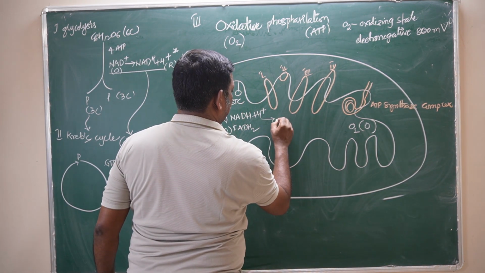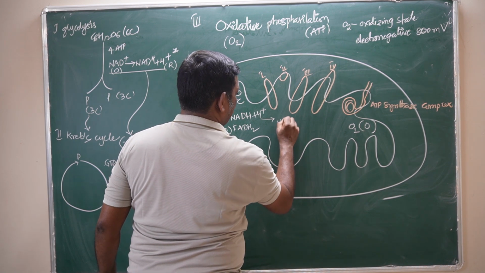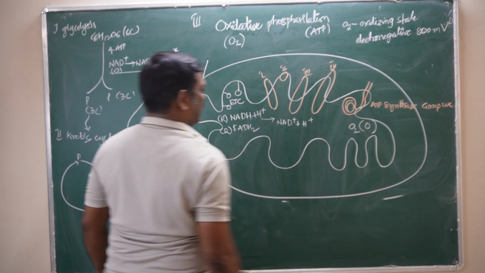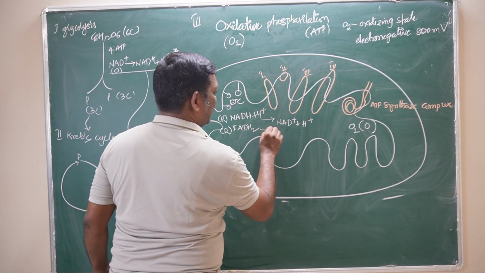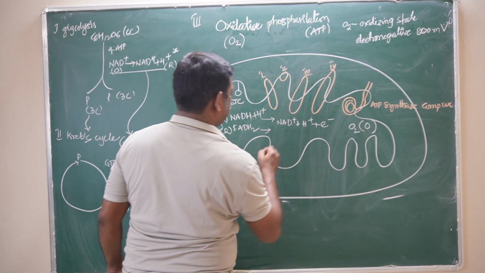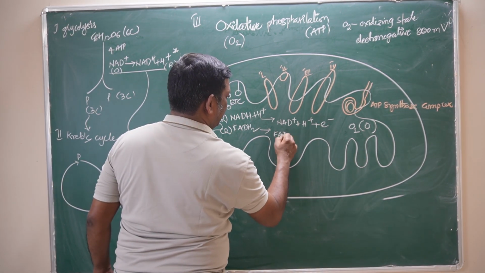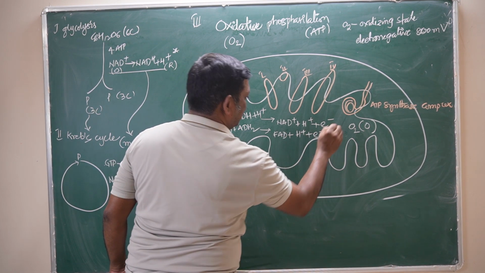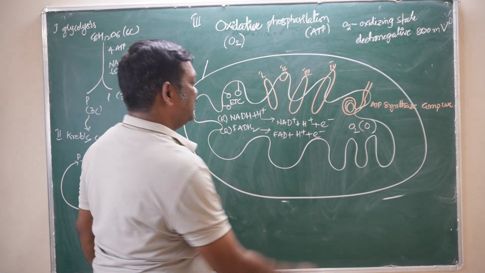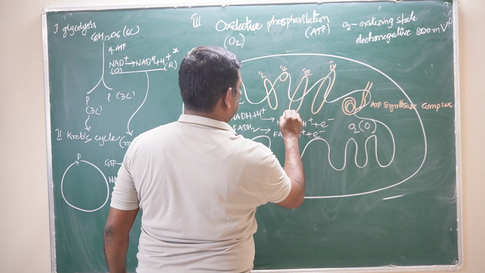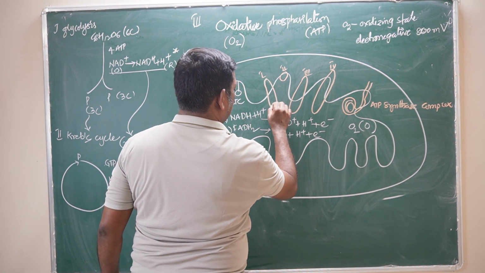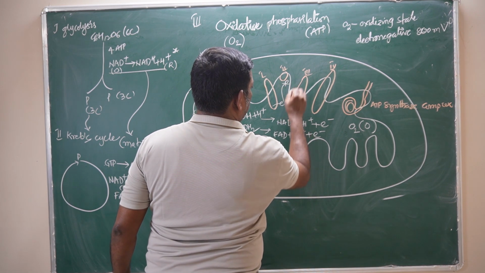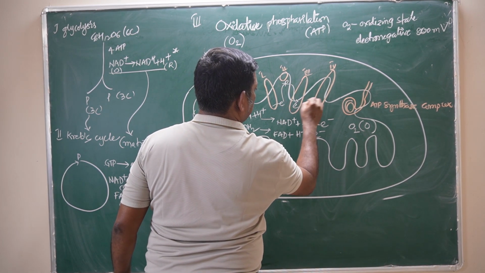NADH is divided into NAD plus, releasing protons and electrons. FADH2 is divided into protons, releasing the electrons. These electrons are accepted and taken by the different electron transporters and transported.